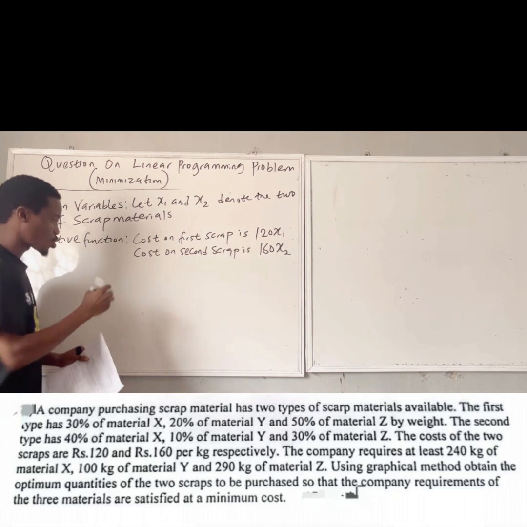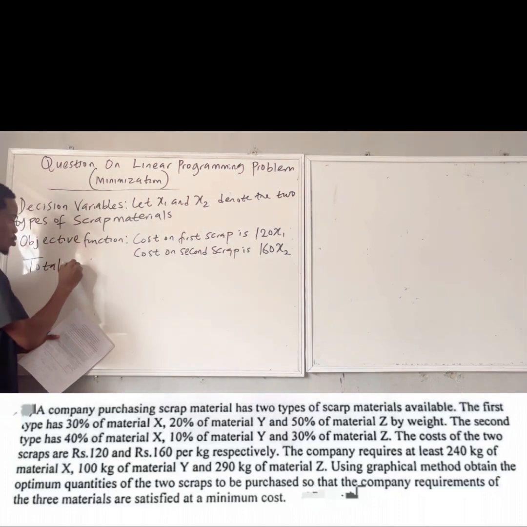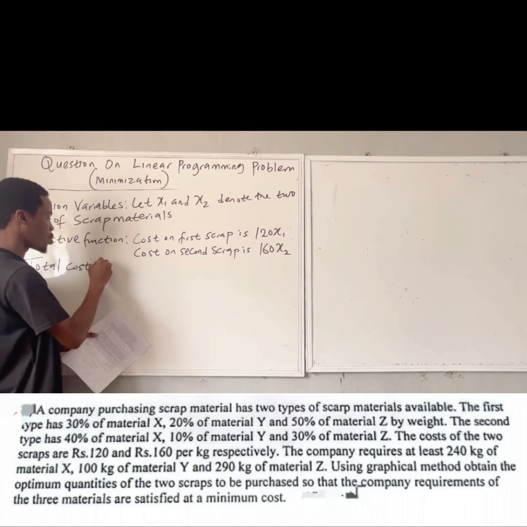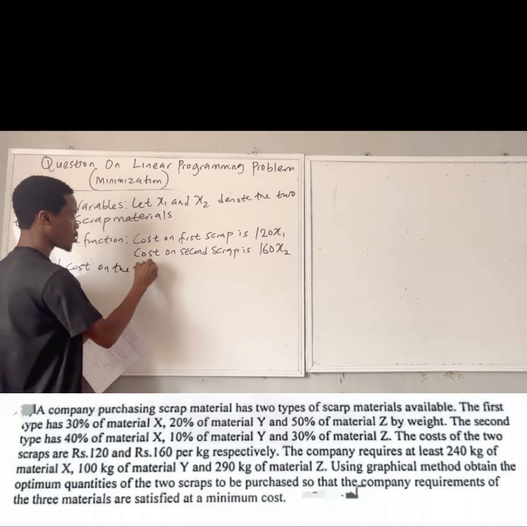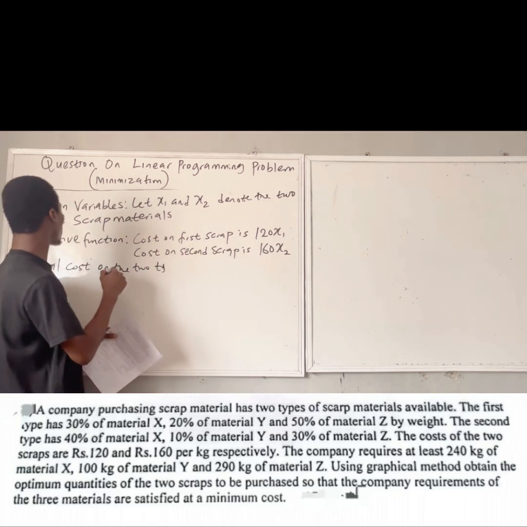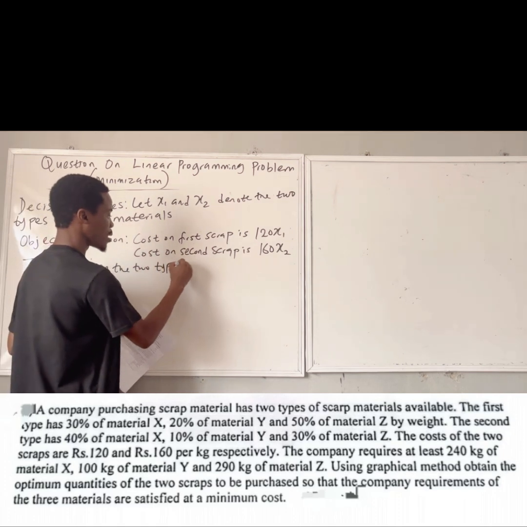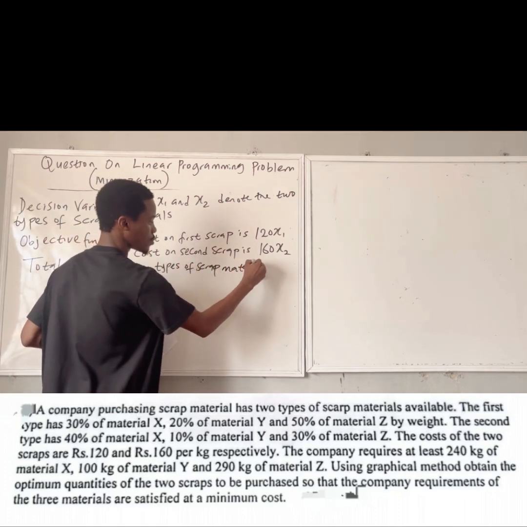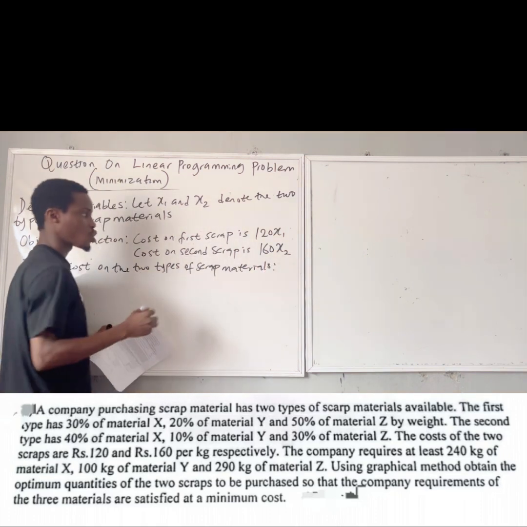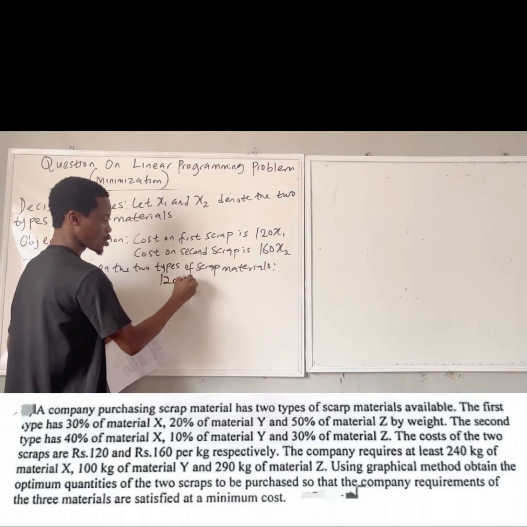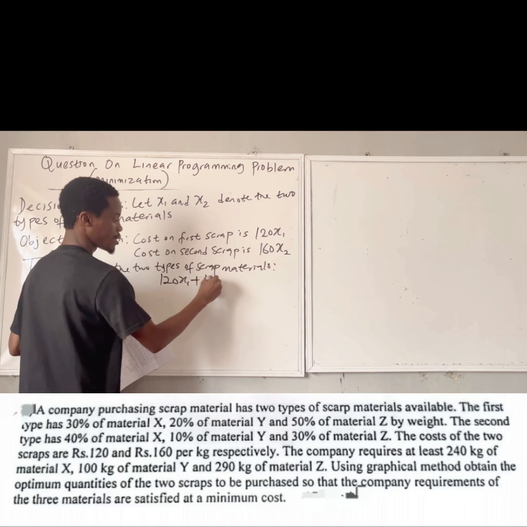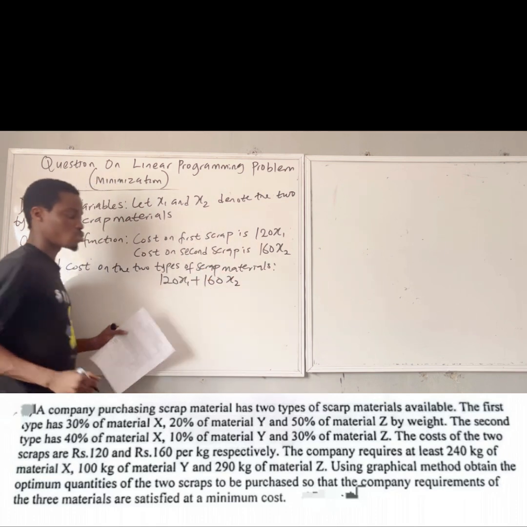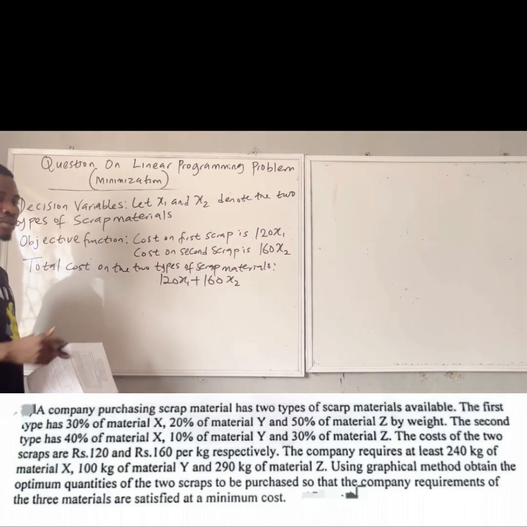So our total cost will be 120x1 plus 160x2.